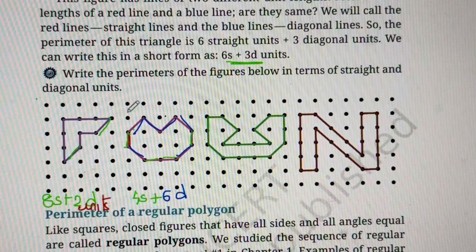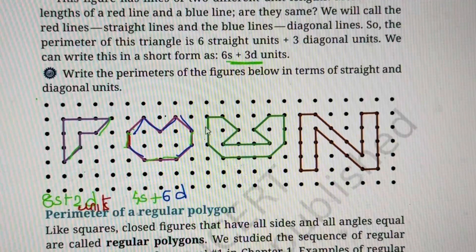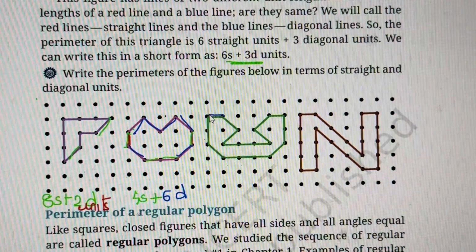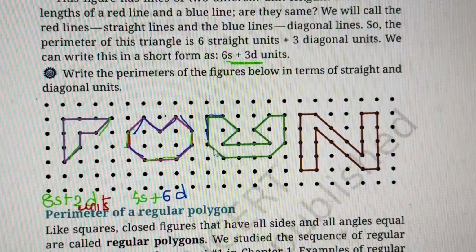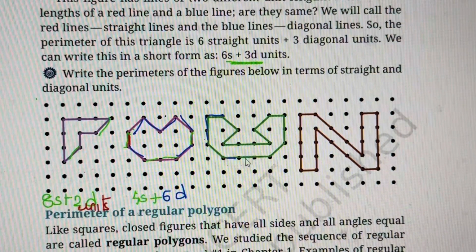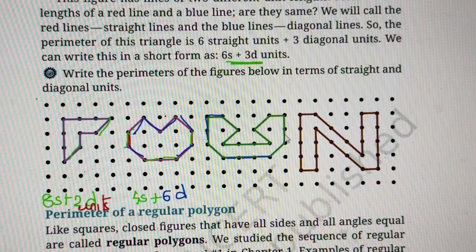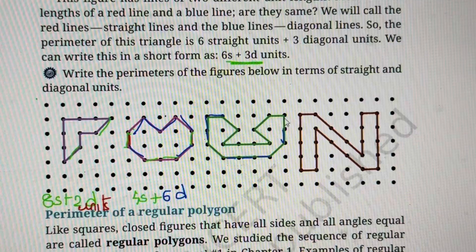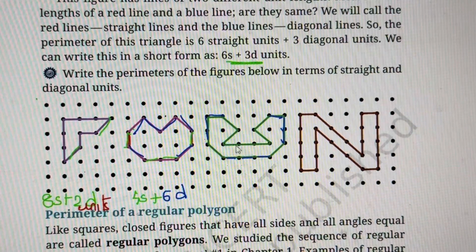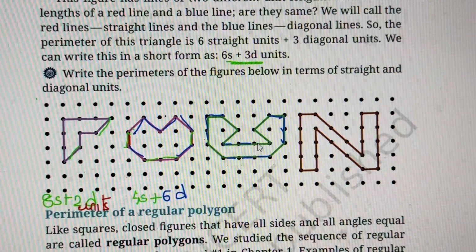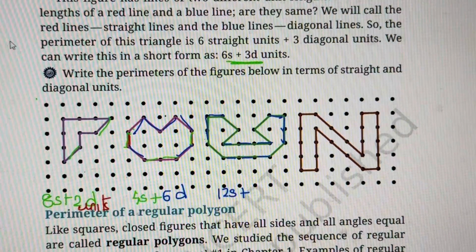Now let us count the straight lines in this case. So if we start from here, 1, 2, 3, 4, 5, 6, 7, 8, 9, 10, 11, 12. So 12s plus the diagonal lines.